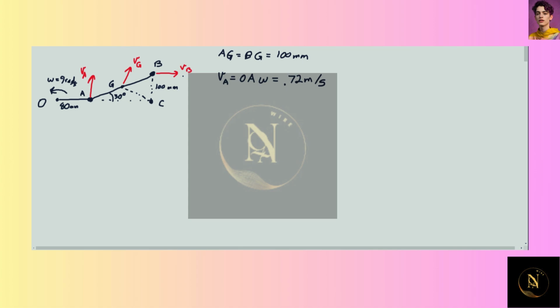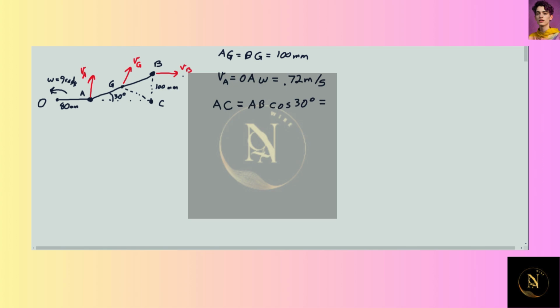Next, we can use the triangle ABC to calculate the length between points A and C on that triangle. So that length AC will equal the length AB times the cosine of the angle, which is 30 degrees.